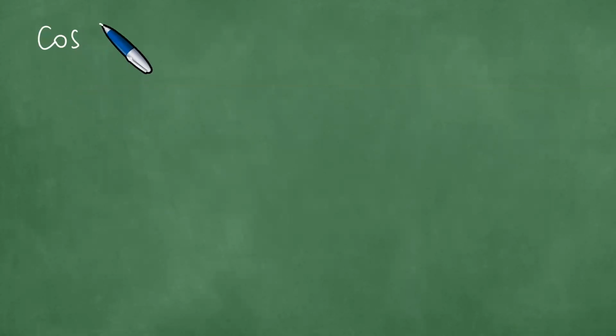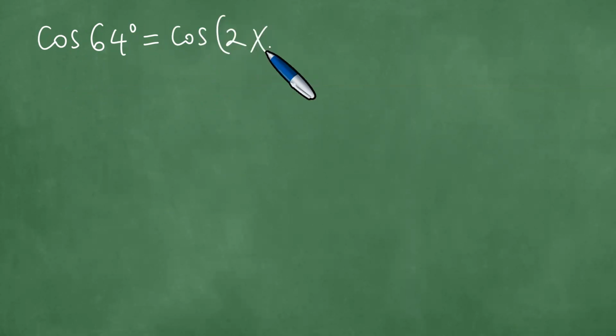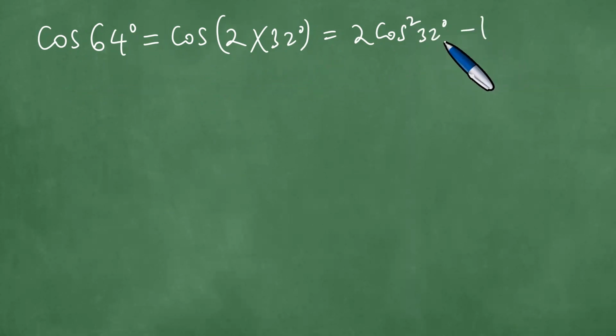Cosine of 64 degrees equals. Right, so the cosine of 64 degrees can be written as a double angle, 2 times 32 degrees. And this is the same as 2 cosine squared of 32 degrees minus 1.